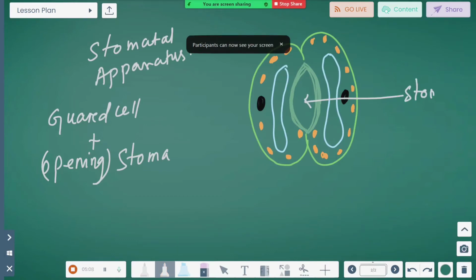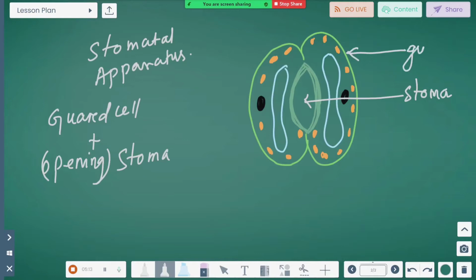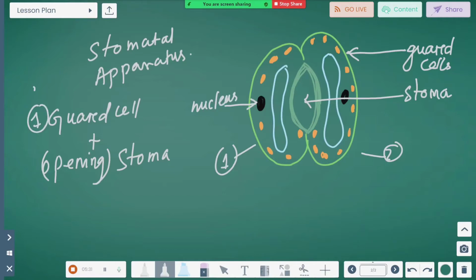Here goes your stoma and these are your guard cells. How many guard cells are visible here? Two guard cells: guard cell 1, guard cell 2. Let the stoma be 3, that is the opening. The stomatal apparatus is made up of these components.